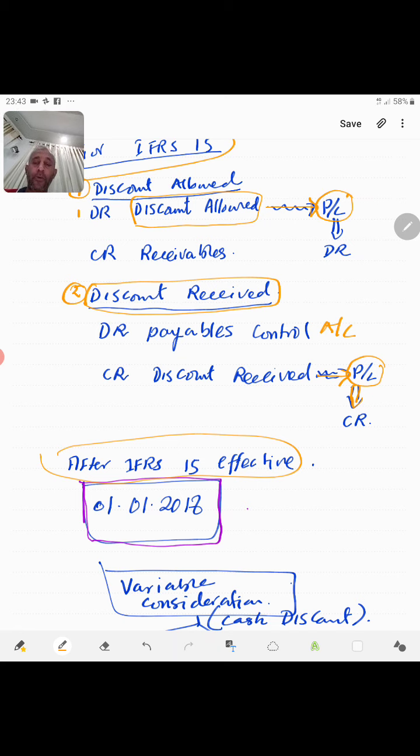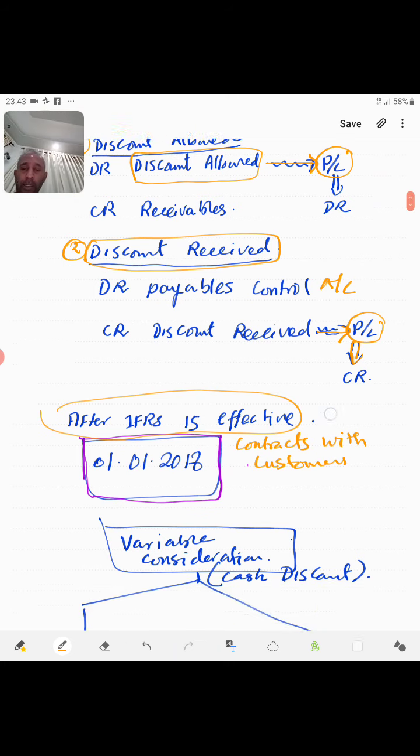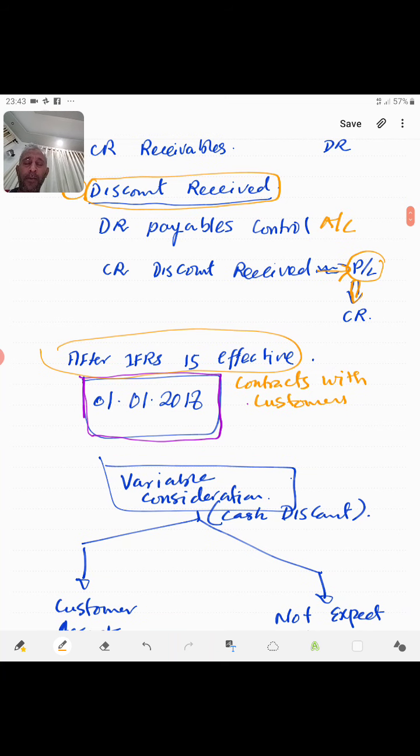Then came IFRS 15, accounting for contracts with customers, or you could also say revenue recognition from contracts with customers. This is the new accounting standard. IFRS 15 is a superseding standard.